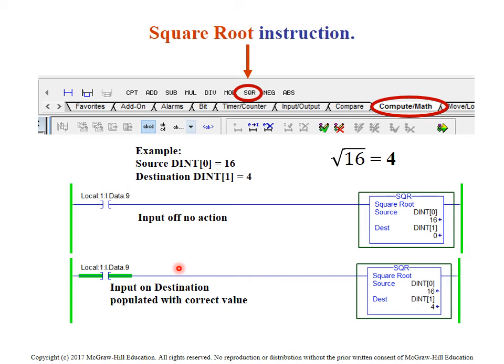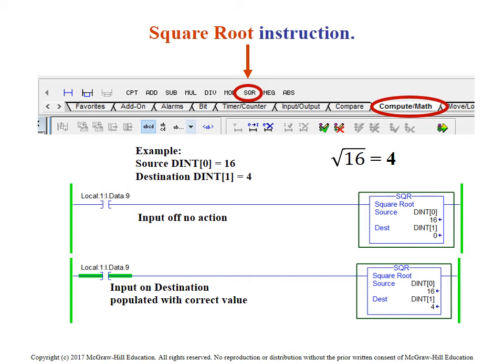So here we're looking at a source value of 16 and a destination value of 4. The square root of 16, of course, is 4. So when this contact closes, you'll see the destination is populated with that value of 4. Pretty straightforward.